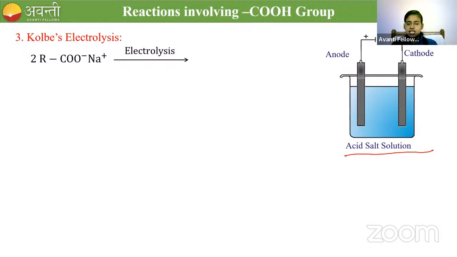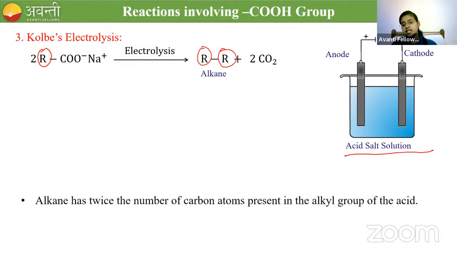When it undergoes electrolysis, it will produce R-R, which is an alkane. Initially I have only one R group, but in the final product, I have two R groups. So the alkane has twice the number of carbon atoms present in the alkyl group of the acid. Suppose I have two molecules of CH3COO minus Na plus.